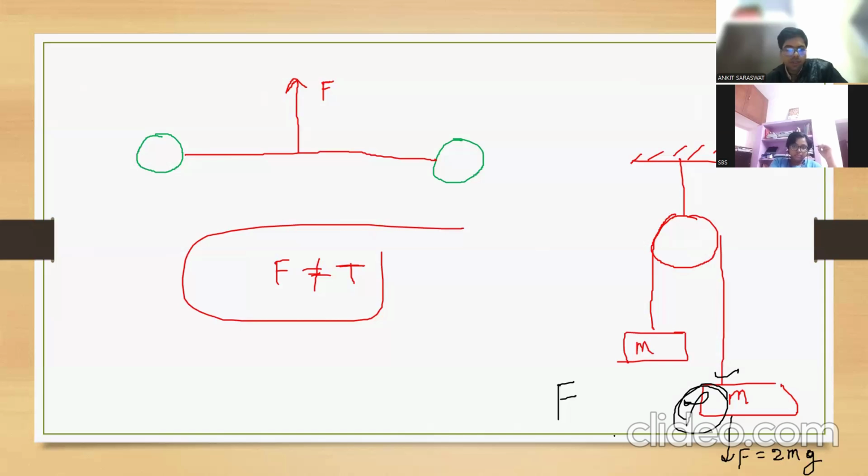Here also, F is equal to 2 mg, which I have written, is not equal to tension. So force must be directly on a string and it should be along a string. That is the condition. Clear? Understood? Okay.